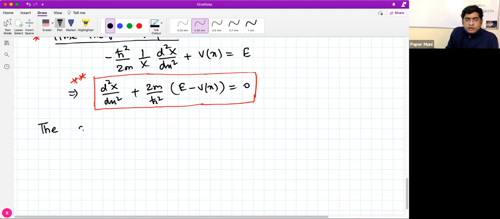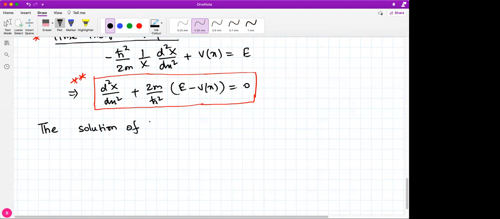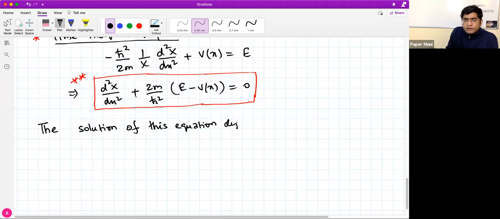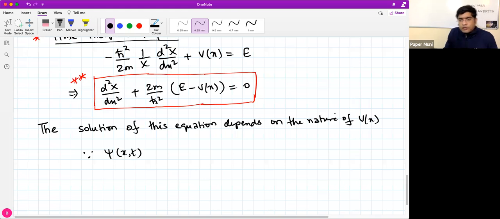So the solution of this equation depends on the nature of V(x). That is done, we cannot solve this further without knowing the form of V(x).